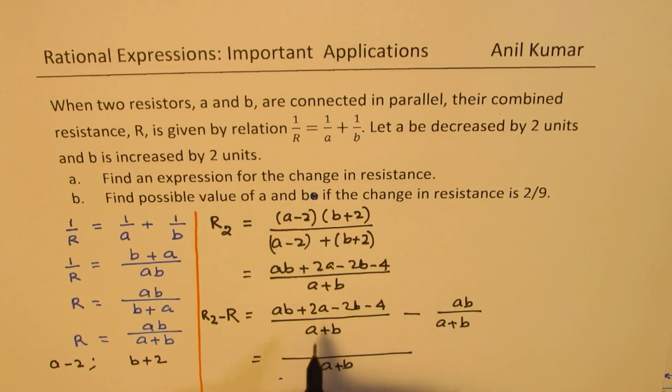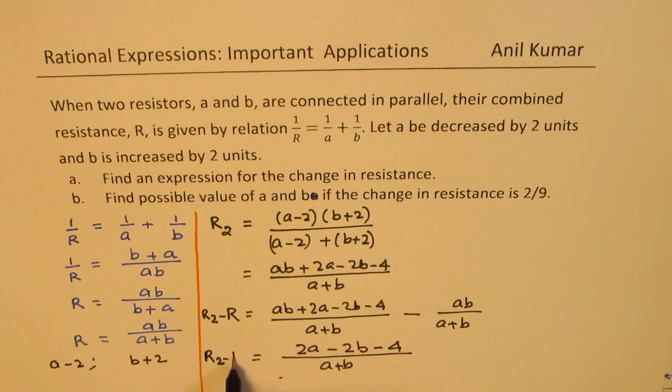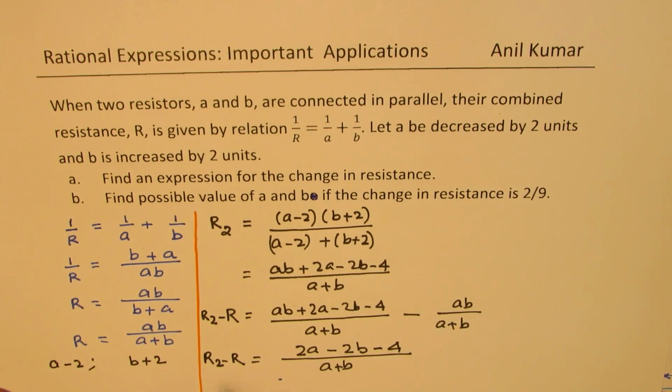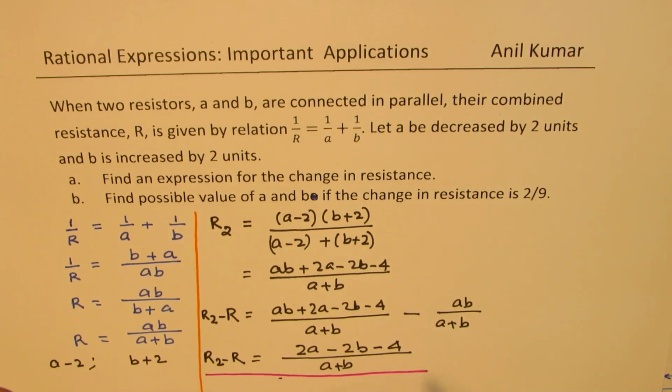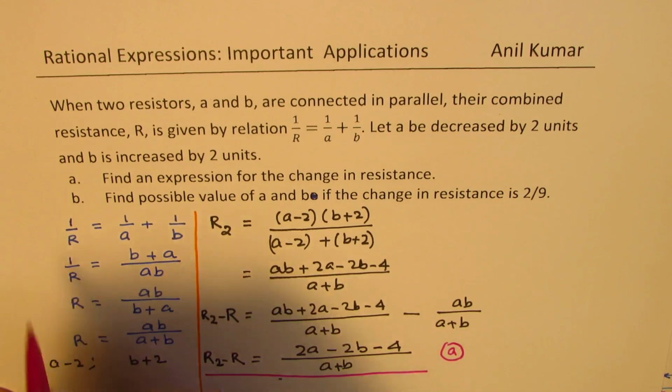So we get these three terms, which is 2A minus 2B minus 4. That becomes the change in resistance. So we get our expression for the change in resistance, which is this. That is our part A.